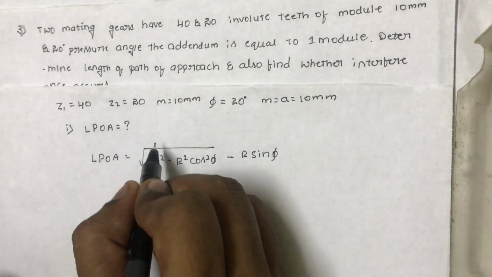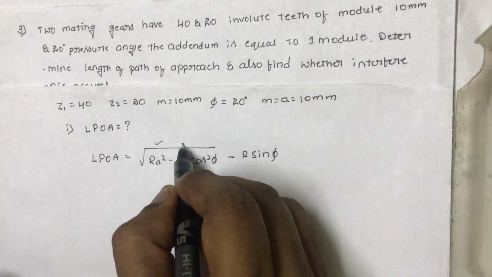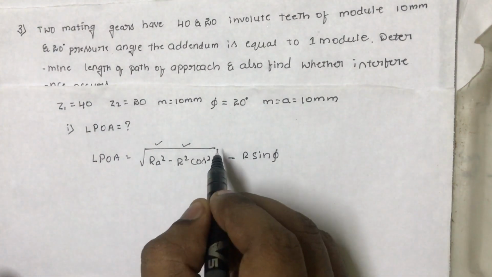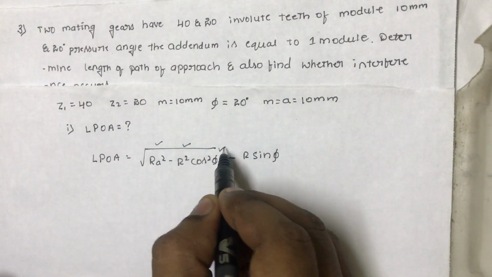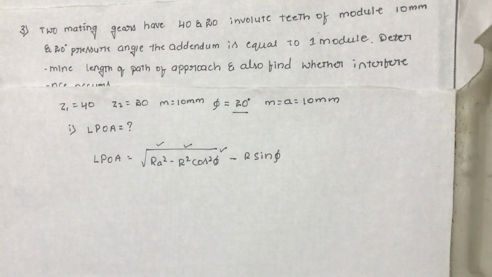Next, to find out the value of LPOA, I need to find out capital RA and capital R. Phi value I already have, correct? So I need to find out capital RA and capital R. You already know with the help of module you can calculate the value of RA and R, right?